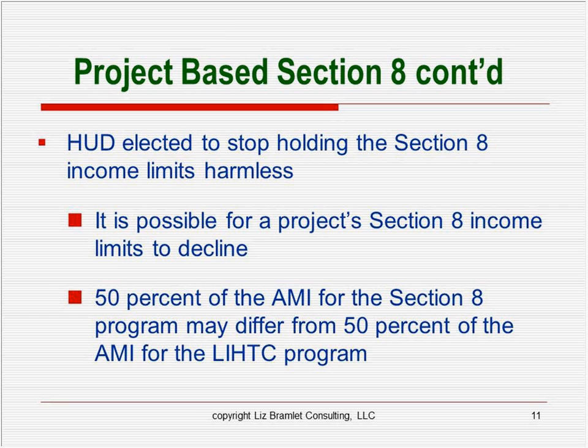So the owner can hold their tax credit income limits harmless, but cannot do the same for their Section 8 income limits. So it's possible, say, if you're using 50% of the AMI for both tax credit and Section 8 purposes at the same project, that 50% of the AMI for tax credit purposes is different than 50% of the AMI for HUD purposes. And I know it's a strange space to be in. That is where we are when it comes to these income limits.